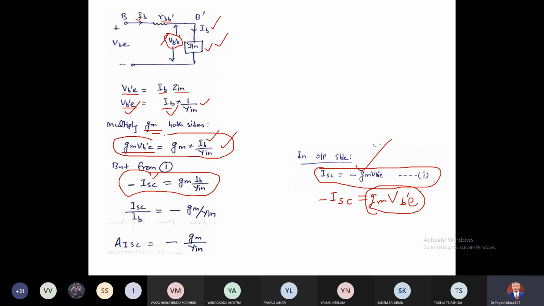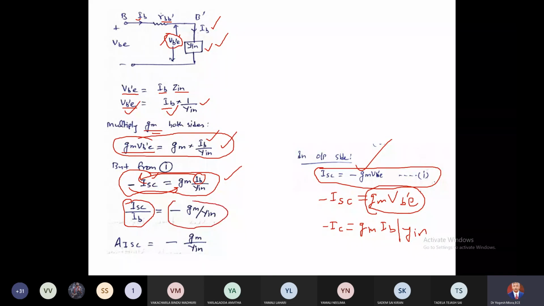Already we have done this. So you can get ISC is equal to gm IB by Yin. And this IB I will bring towards the left side, and the minus sign I will shift toward the right side. So I will get ISC divided by IB is equal to minus gm by Yin.